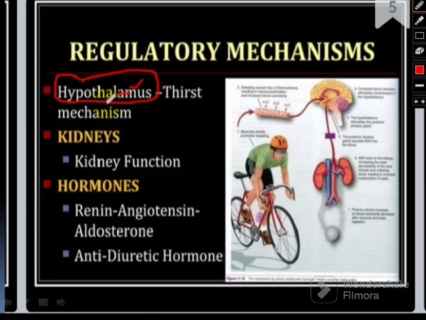So when the thirst center is stimulated, what happens? You begin to feel like taking water, right? Stimulation of the thirst center occurs when your body is lacking water or when one begins to get dehydrated.